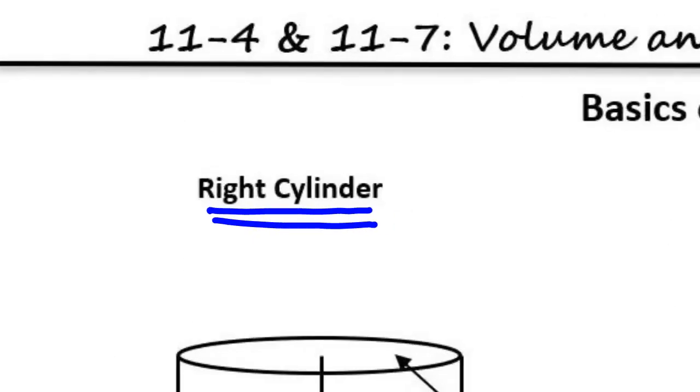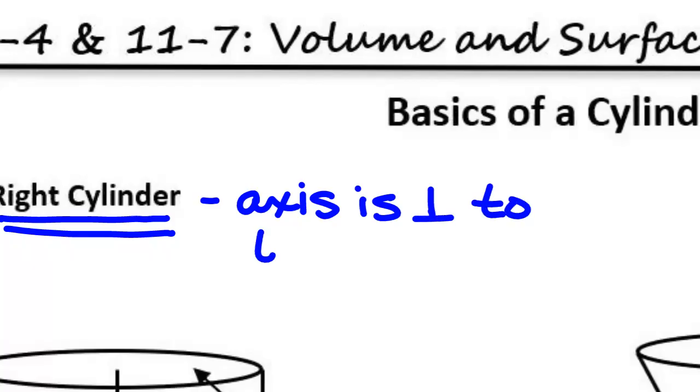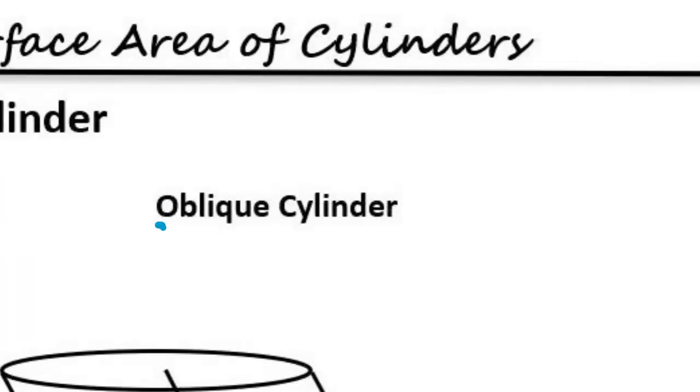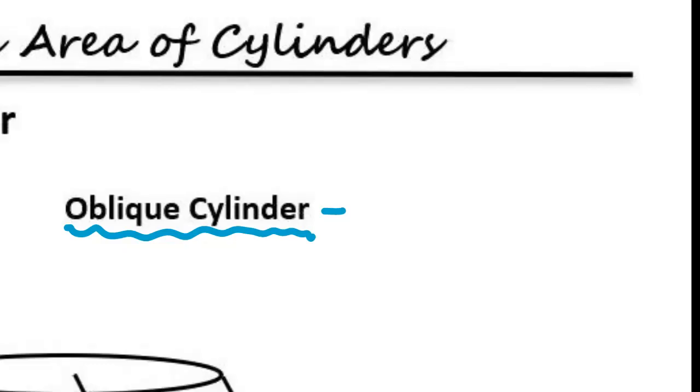In a right cylinder, the axis is perpendicular to the radii. And in an oblique cylinder, the axis is not perpendicular to the radii.